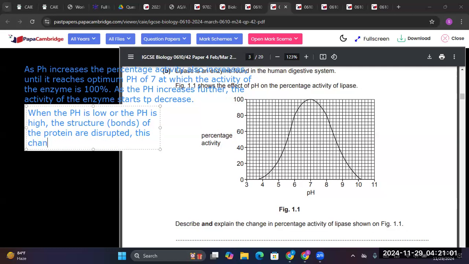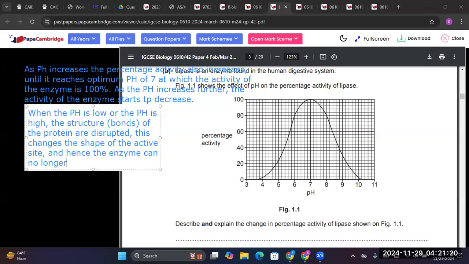This changes the shape of the active site, and hence the enzyme can no longer bind to the substrate.